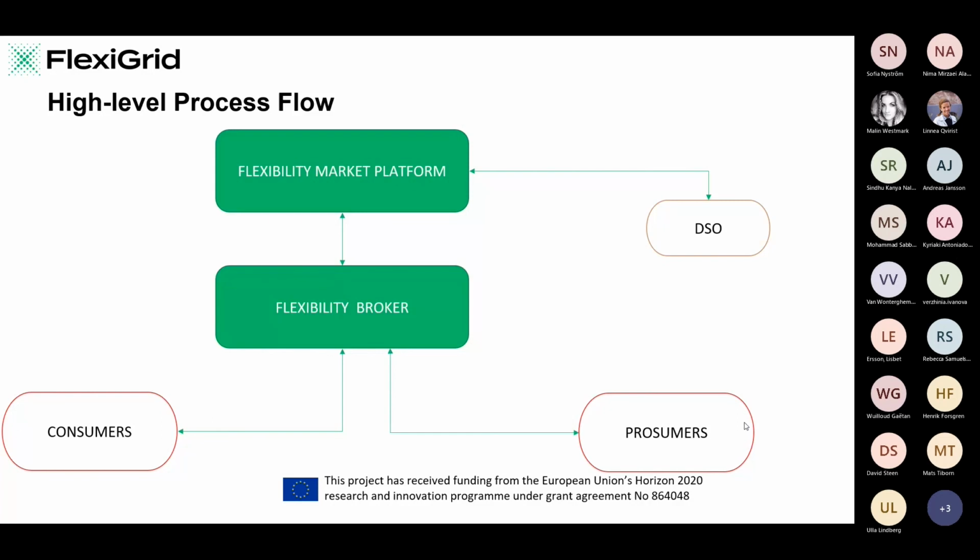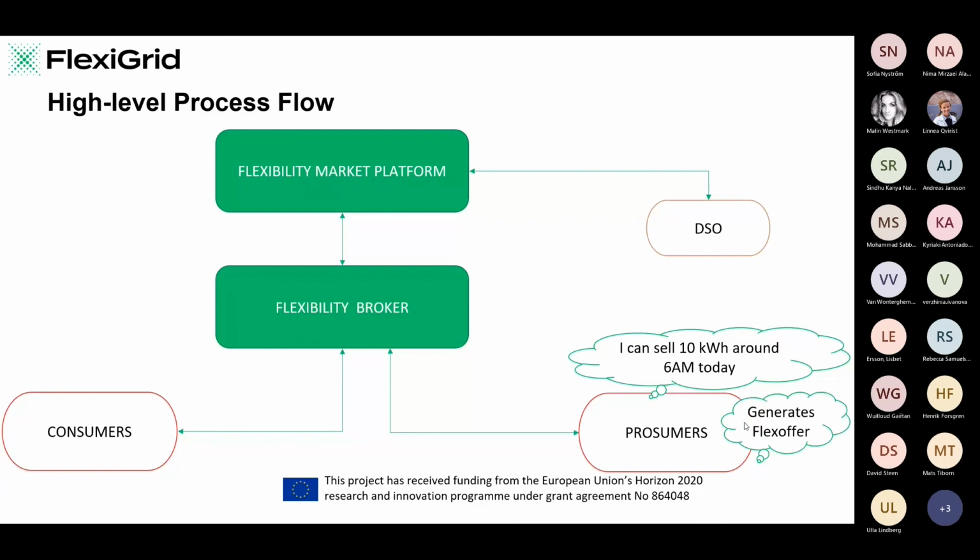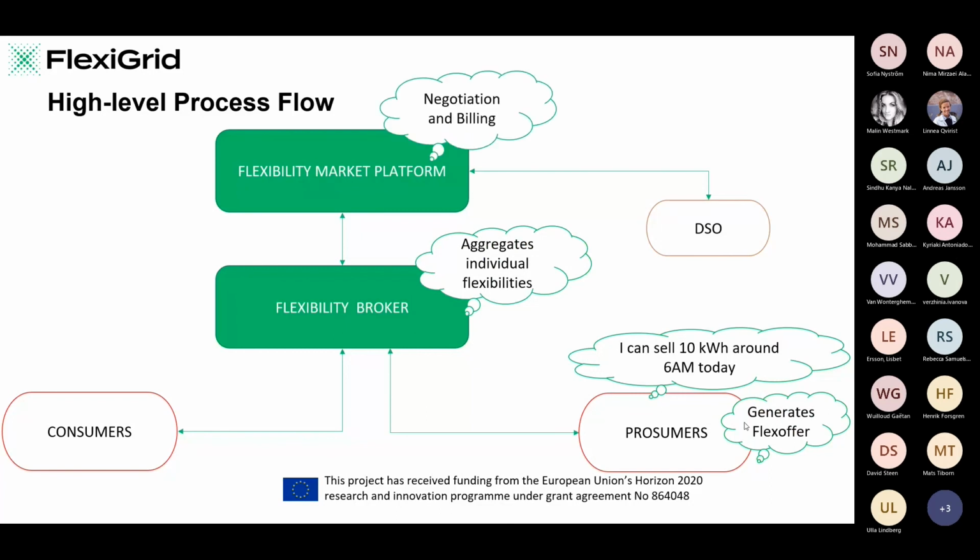If I think that I can sell 10 kilowatts around 6 a.m. today because I'm leaving, and I have a battery, so it can be available, I can create a flex offer, then send it to either a flexibility broker or aggregator, we can say. Or the flexibility can even be pulled and then sold on the flexibility market platform for the DSO in this context.